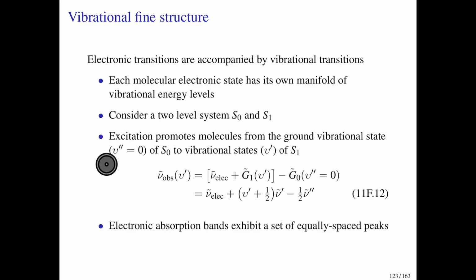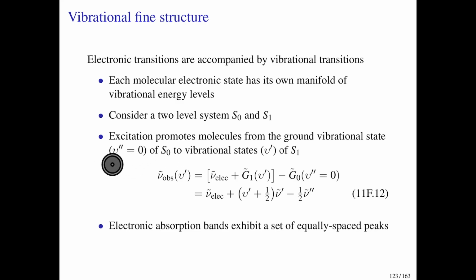One thing to keep in mind is that because the vibrational energy level spacing is quite large, larger than the thermal energy, your initial state in a transition almost always starts from the ground vibrational state of the ground electronic state. Okay, so that's what this notation here means.